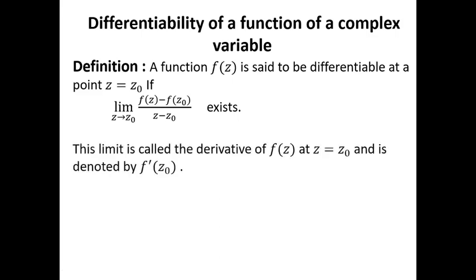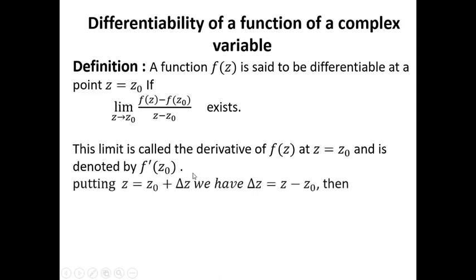This limit is called the derivative of f(z) at z = z0 and it is denoted by f'(z0). Therefore, f'(z0) is equal to the limit as z tends to z0 of [f(z) minus f(z0)] divided by [z minus z0].